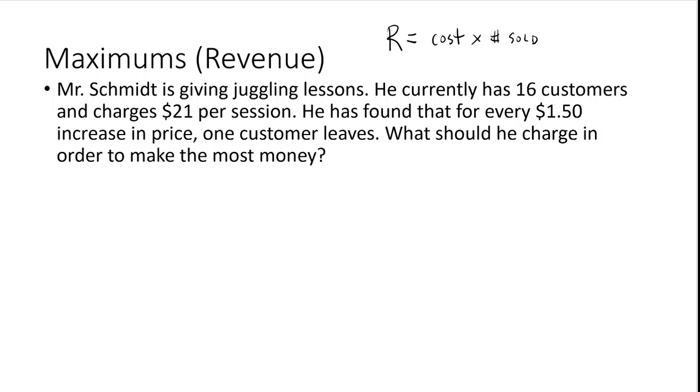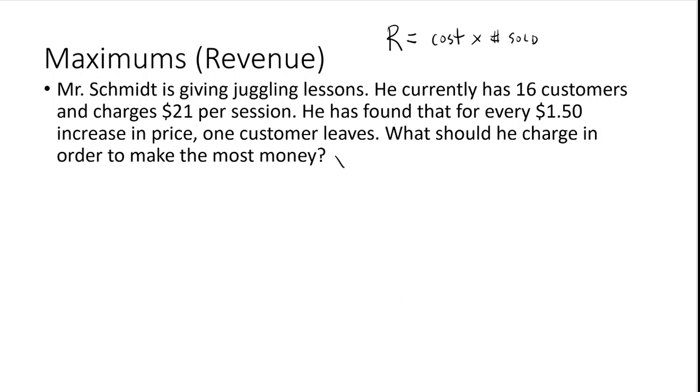So anytime we have a revenue problem like this, we have to think about what the price is and how many we are selling. In this problem, it says Mr. Schmidt is giving juggling lessons. He currently has 16 customers and charges $21 per session. He has found that for every $1.50 increase in price, one customer leaves. What should he charge in order to make the most money?